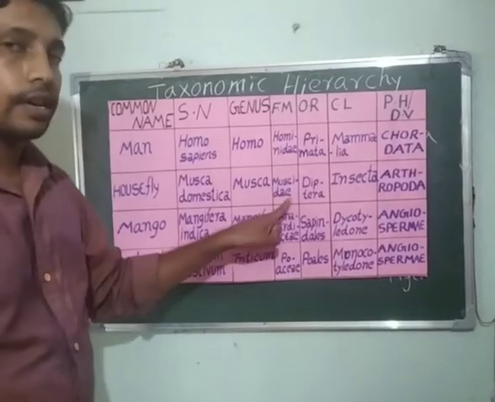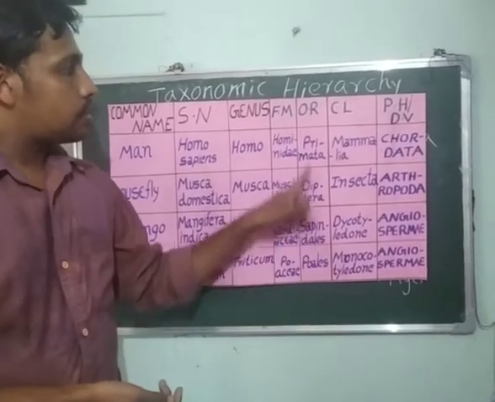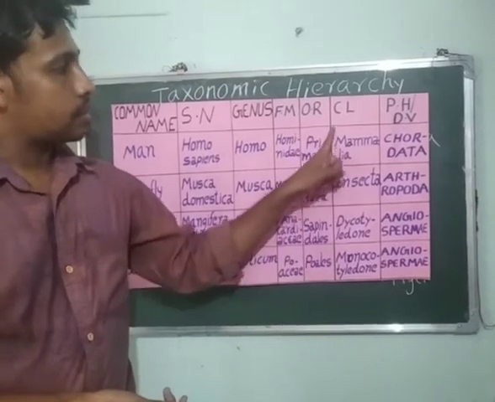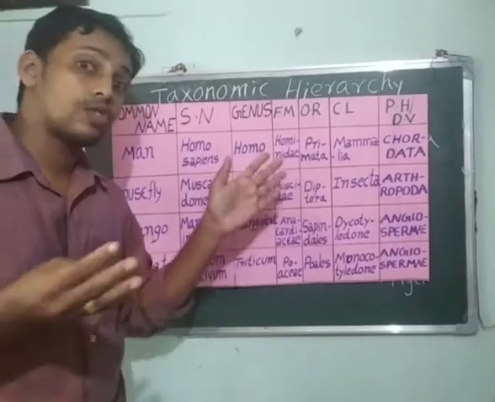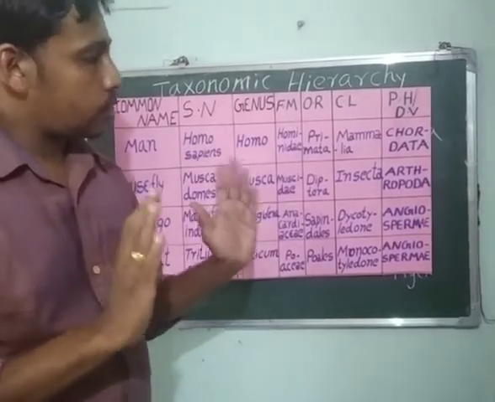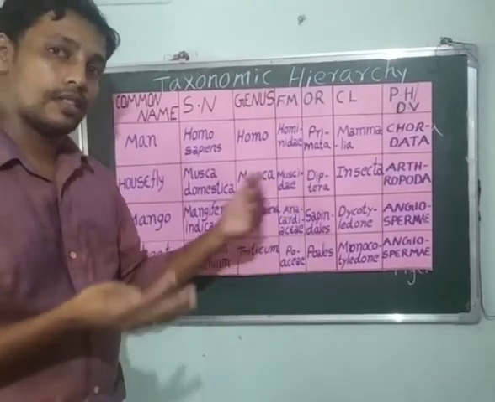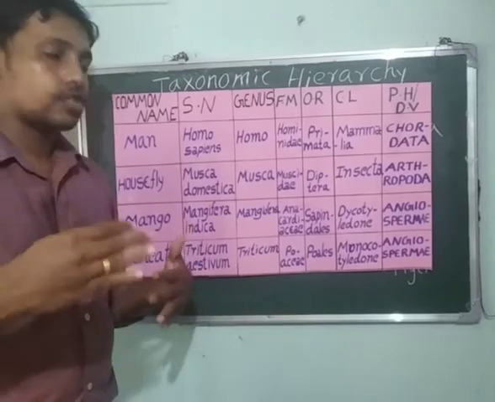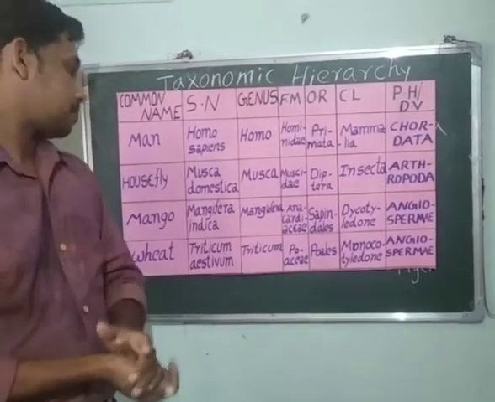Then Muscidae is the family, order Diptera, class Insecta, under the phylum Arthropoda. You just need to understand these terms. We will describe it later. In the next chapter we will study all these in detail.